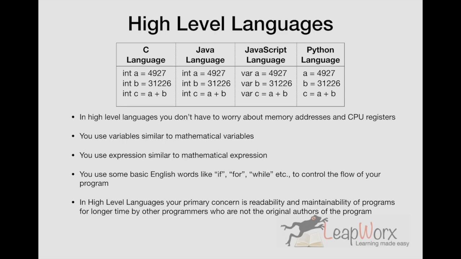And even programmers, after a month, will forget what they wrote, right? So the concern with high level languages is that the language has to be very readable. It's easy to maintain the program, because programs live for long years, 20 years, right? At least in my company, there are programs which are 30 years old. So even after the original author is gone, other programmers can maintain these kinds of programs.